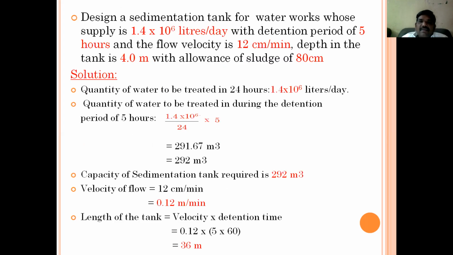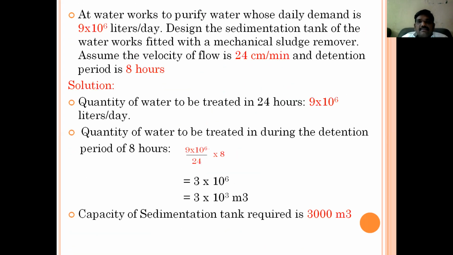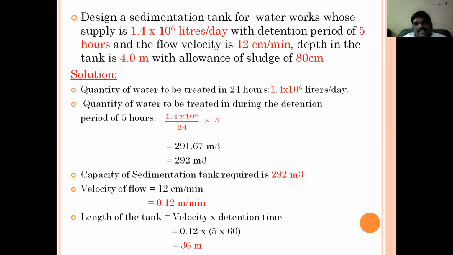In the previous case, the tank was fitted with a mechanical sludge remover, so whatever sludge formed would be removed by mechanical sludge removers. But here, whatever sludge forms is allowed up to 80 centimeters.